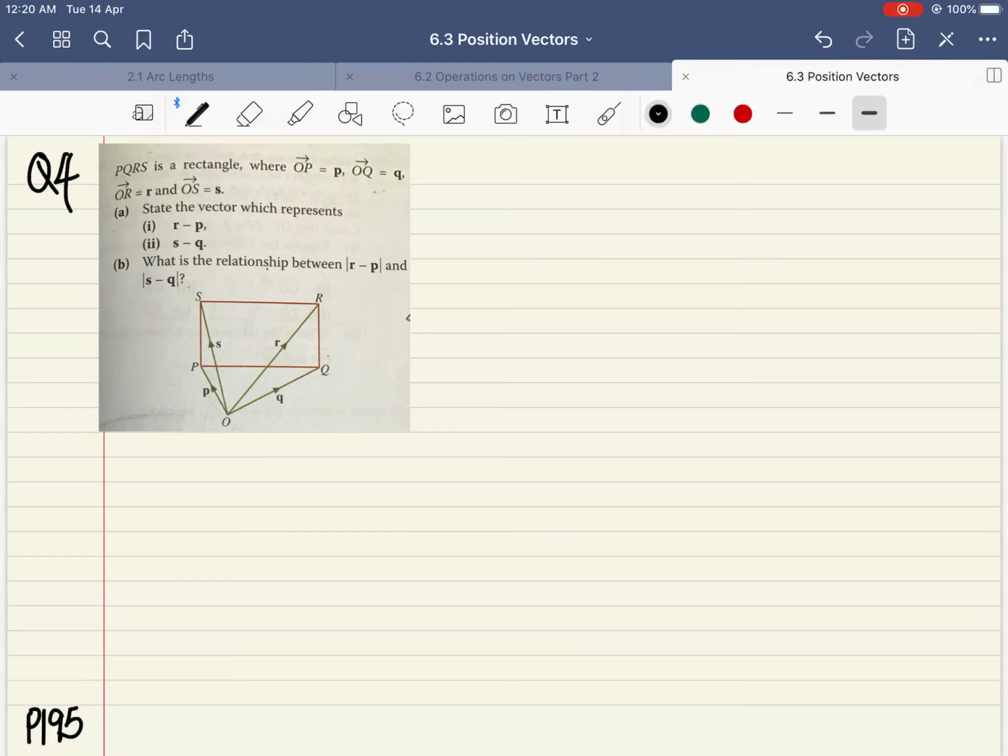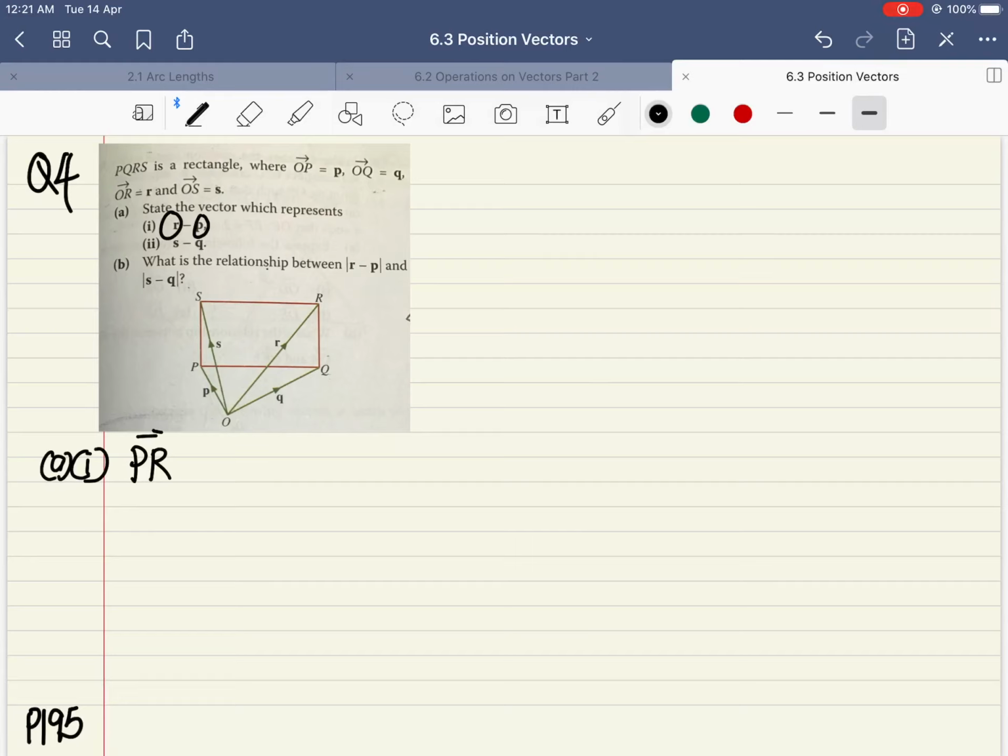Okay, I'm now going to do question 4 on page 195. So for this, I'm going to do A, part 1, R minus P. Since we are dealing with position vectors, it would be second letter minus the first letter. So R is the second letter, P is the first letter.